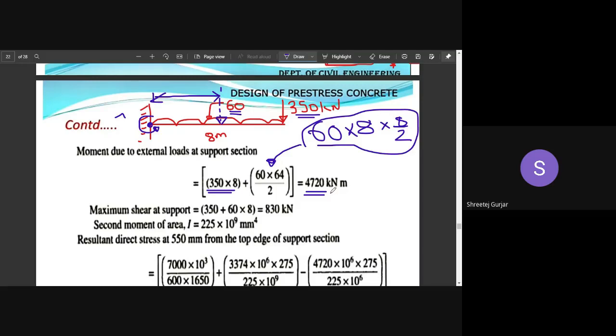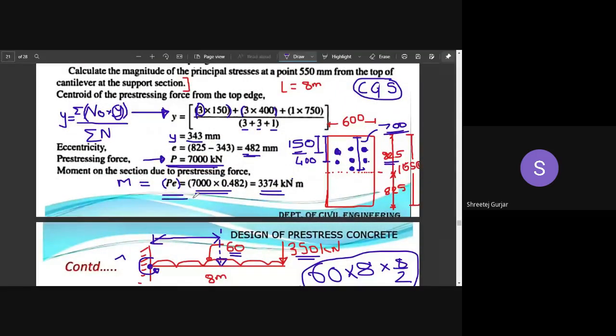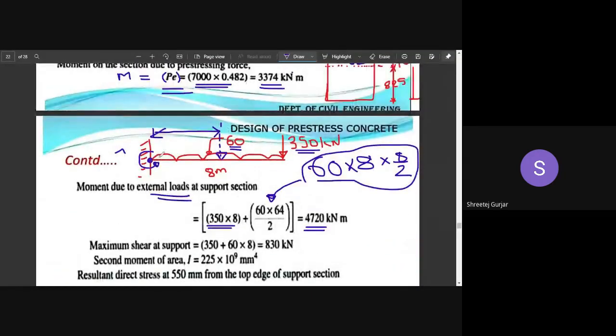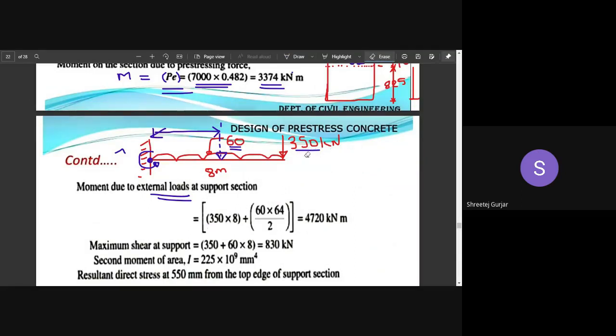Okay, so now we have found the moment due to external loads and the moment due to pre-stressing force. Both of these are done. Now we need to find the maximum shear force at this particular support. Consider the summation of vertical forces and tell me the shear force acting there.